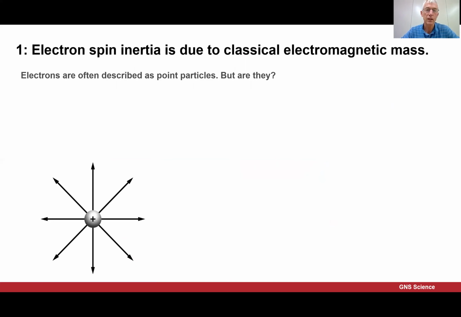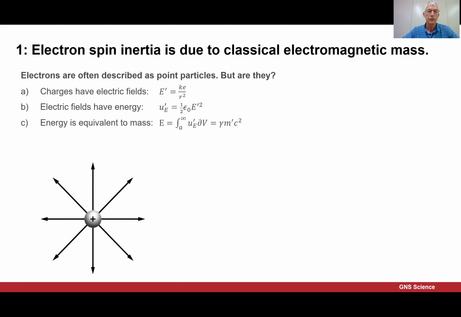So the first piece of knowledge is that electrons have electromagnetic mass. We know that a charge has an electric field. We know that electric fields have electric field energy density. And we know from special relativity that energy is equivalent to mass.